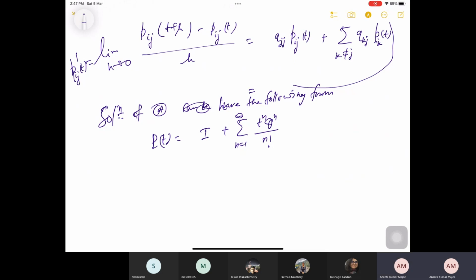Now it is an infinite sum and we don't know whether it will converge or not in general, but at least for a finite dimensional matrix, if Q is a finite dimensional matrix, I know that this series is convergent and it has a unique solution.